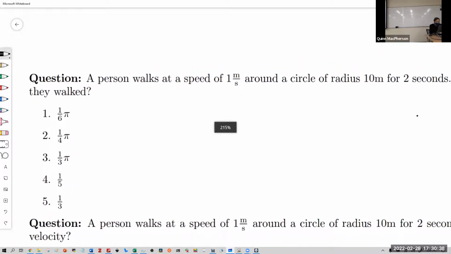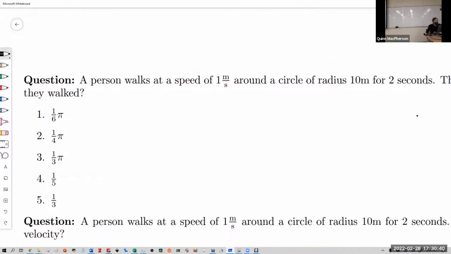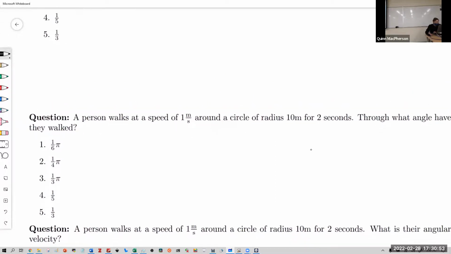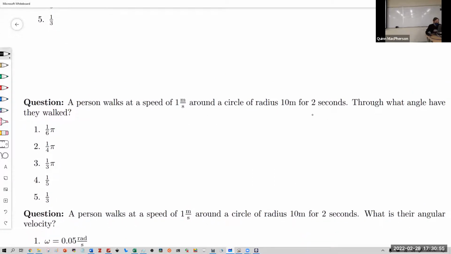Okay, we're going to use this example for a bunch of time, so take some time to think about it. A person walks at speed 1 meter per second around a circle of radius 10 meters for 2 seconds. Through what angle have they walked? So here's our circle.